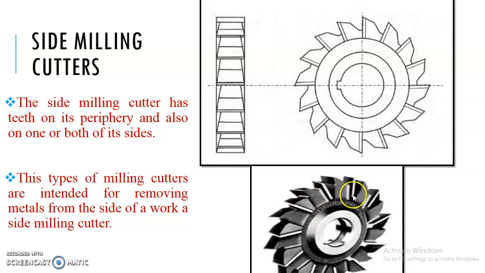This type of milling cutter is basically used when you want to remove material from the side. Sometimes it is called a side milling cutter because it removes material from the front side as well as sideways, both sideways. We can say it removes material on the right side and the left side also.